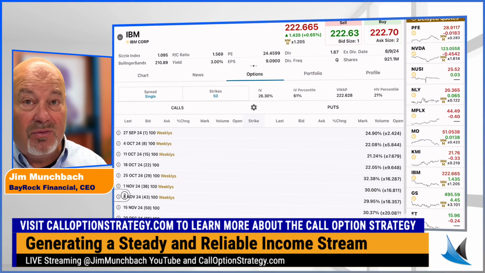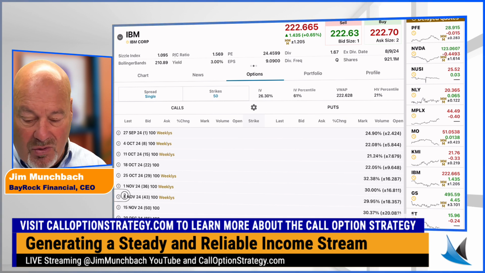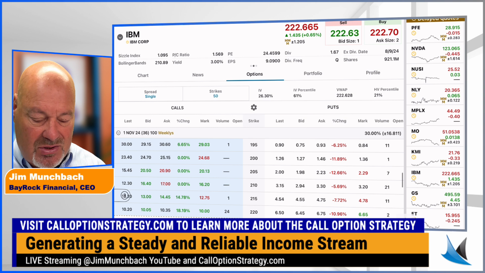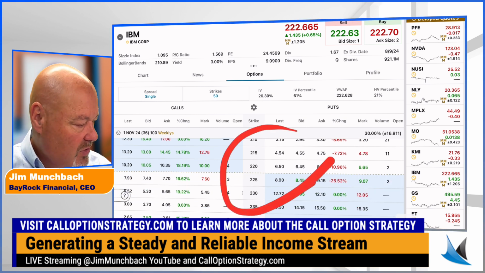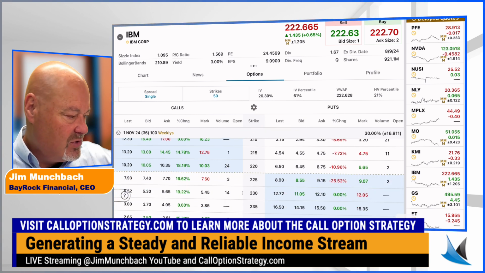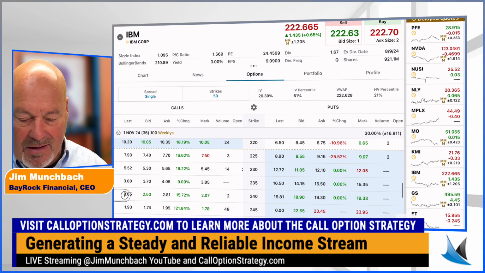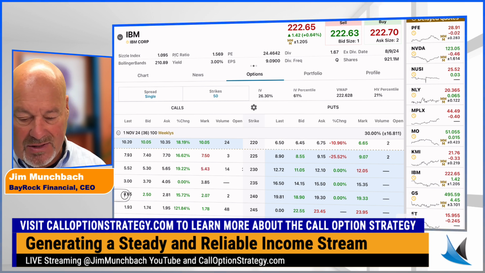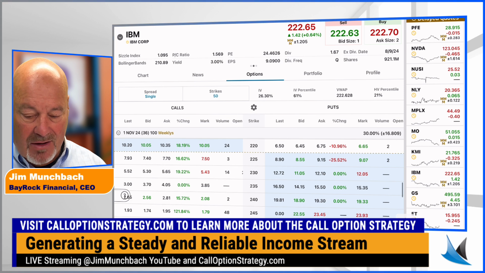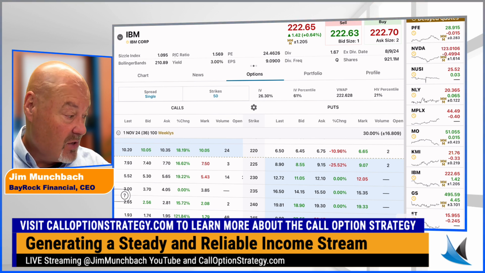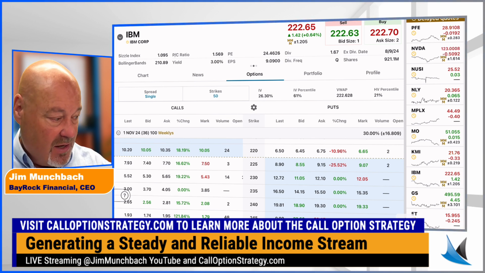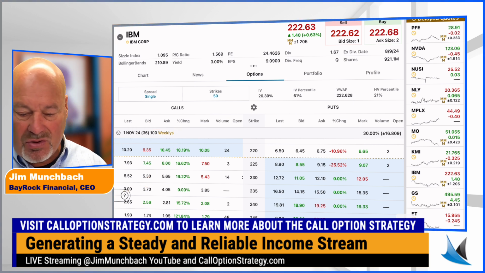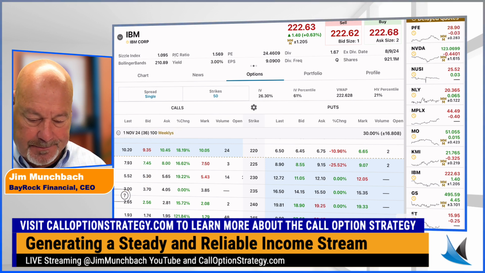So again, I haven't done the research on IBM to know whether or not this is one I would want to trade, but let's jump in and just see what that looks like. Again, we're looking at getting close to where the money is. If we wrote a call option on this, if I owned this stock, I would definitely be selling calls. At least that's my first initial thought.